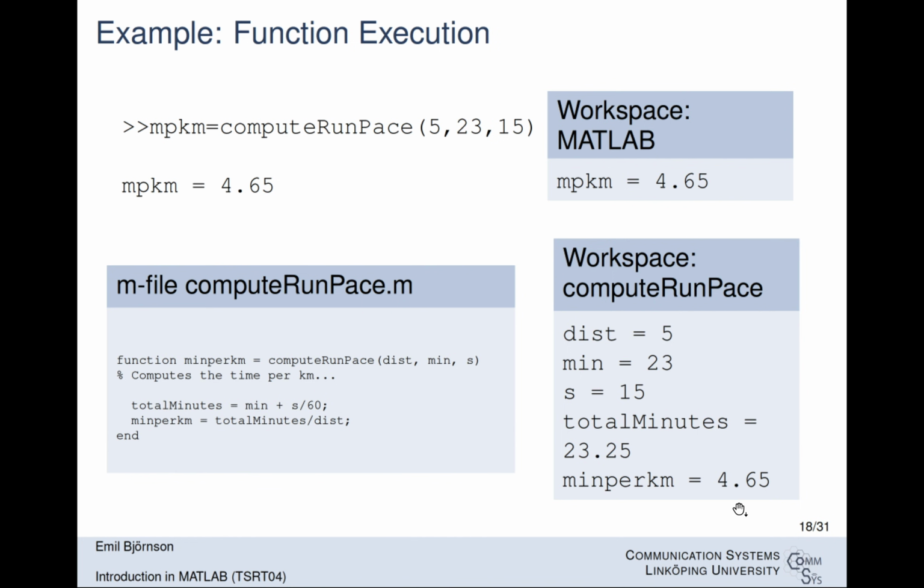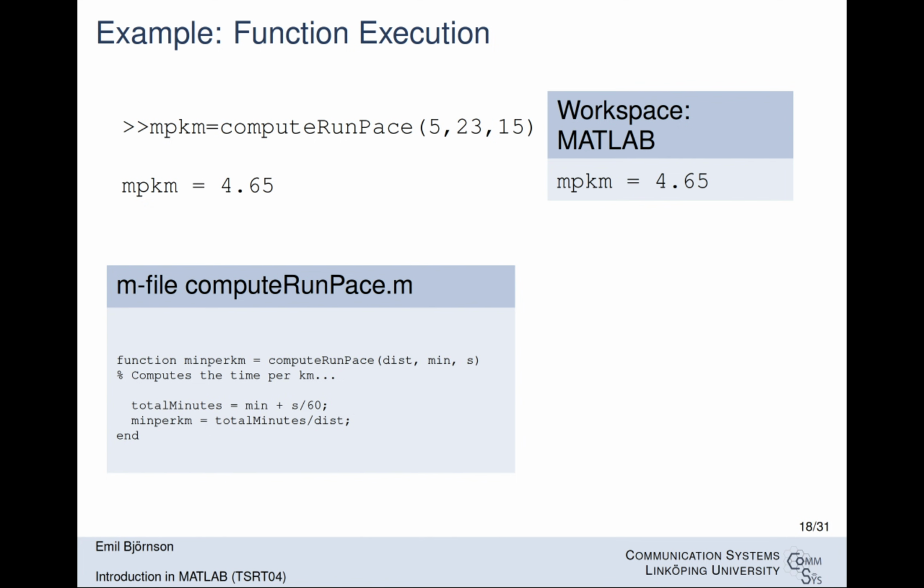And now the value 4.65 is sent back to MATLAB's general workspace, saved in this mpkm variable, and after that the workspace for this compute run pace disappears. And now you can't get any of those things back again.